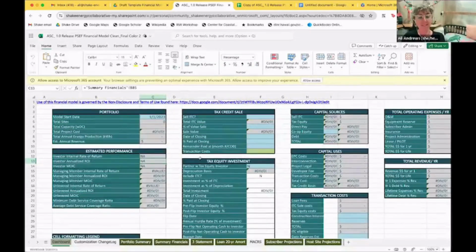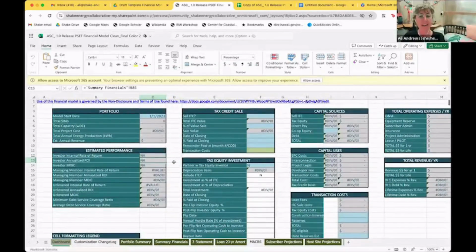Okay, so this right here is the dashboard of the 1.0 release of the PSEF financial model. This is an asset of the PSEF members. This sheet gets populated. As you can see, there's lots of div zeros and blank cells and not a lot of clear information coming off of this.